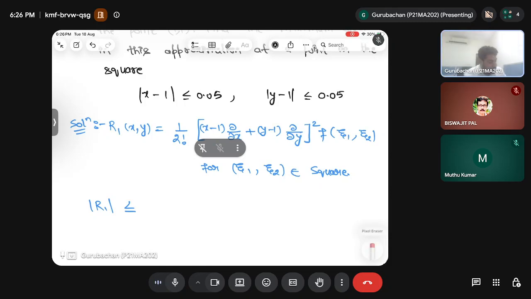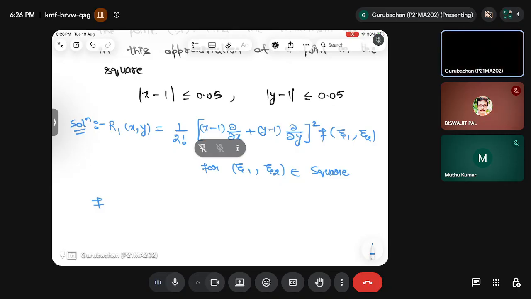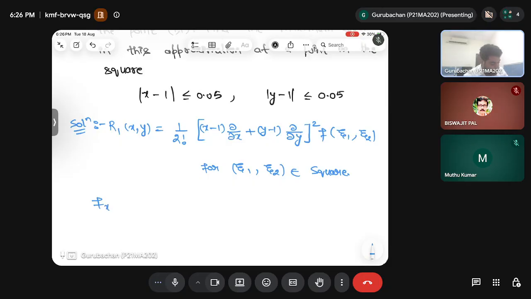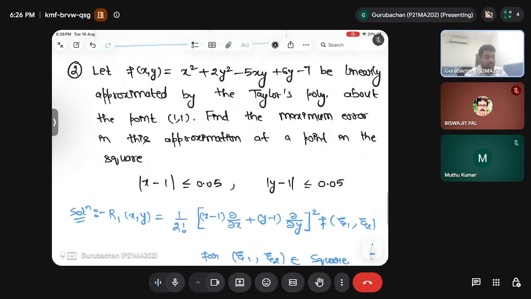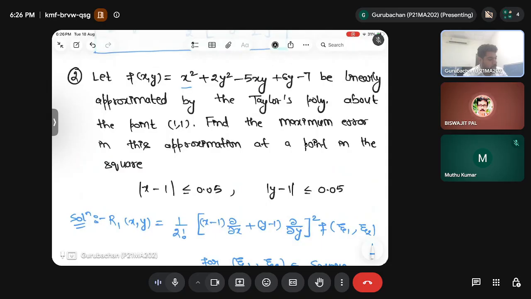So let us calculate what will be your f x x and f y y at this, you can say x y 1 and x y 2. So f x, this will be 2 times x minus 5y.